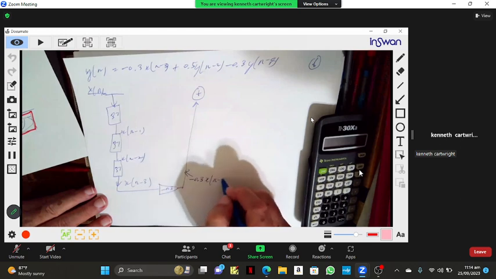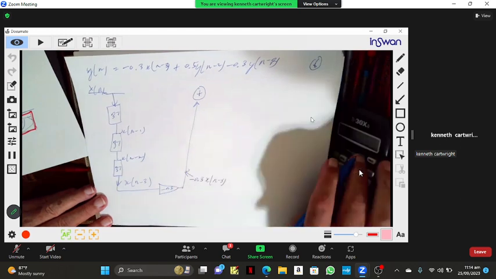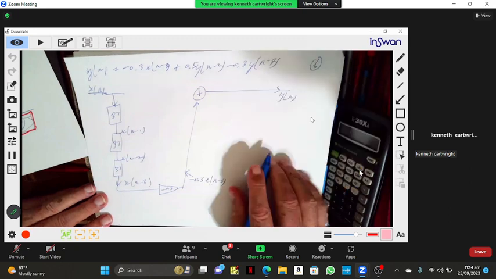Here's our y of n line. Here's our output. And we need y of n minus 4, so we need 4 delays on the output.